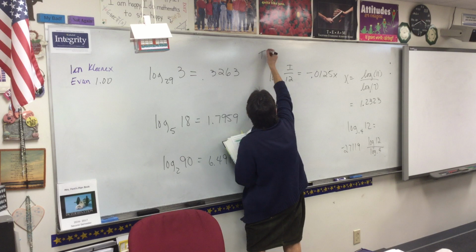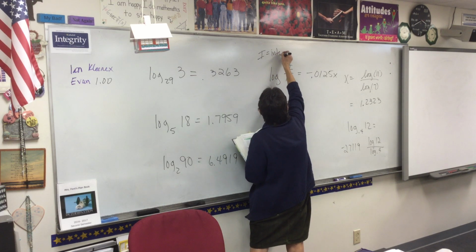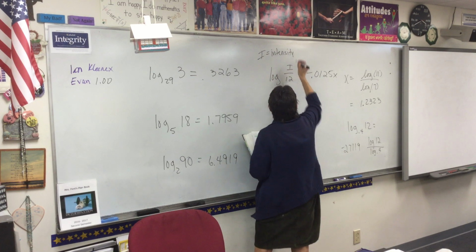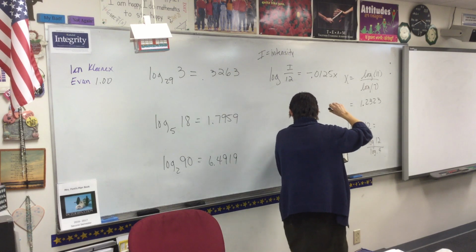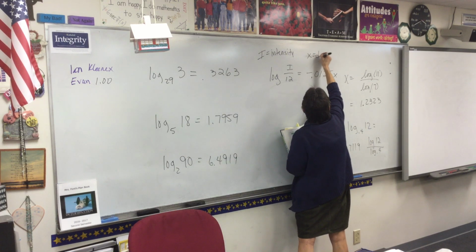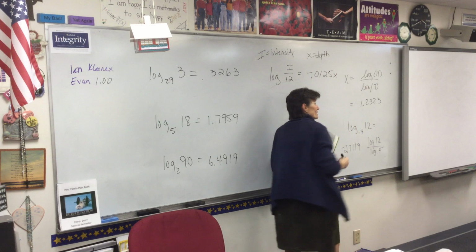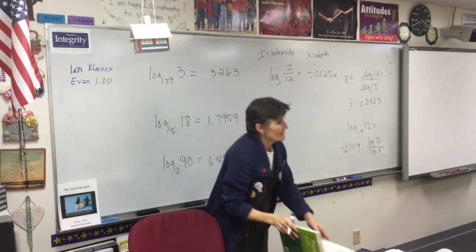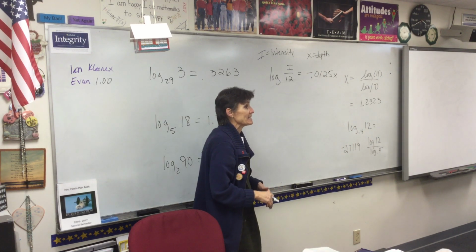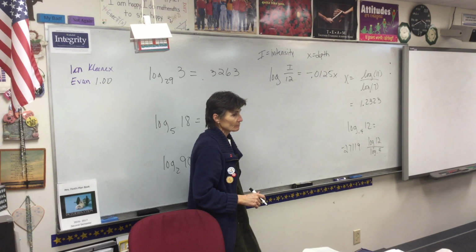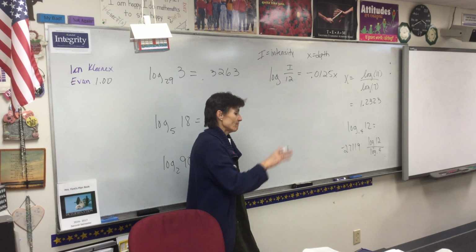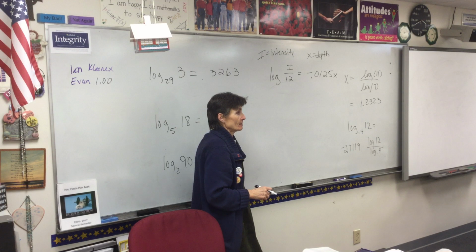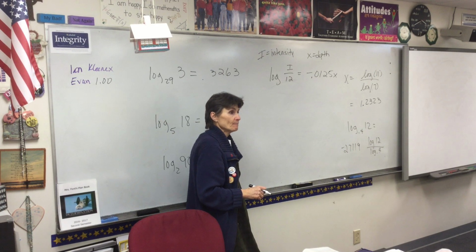And I is the intensity of the light, and X is the depth. So what this formula is doing is telling you how well you can see in Lake Superior. Obviously, the farther you go down in the lake, the less you can see, right?